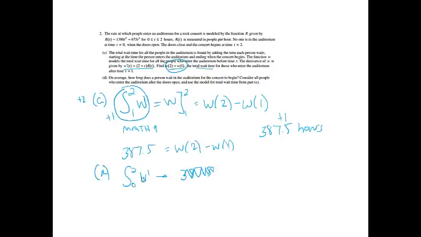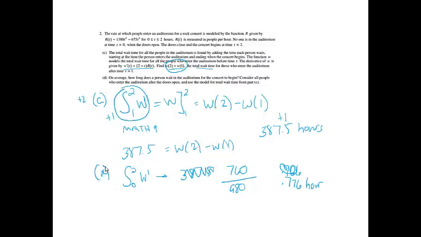So the integral from 0 to 2 of W prime, if I use Math 9 to get that, I'm going to get 760. Then I'm just going to divide it by how many people there were. There were 980 people, so each person had to wait 0.776 hours. So on average, that's how much a person had to wait.